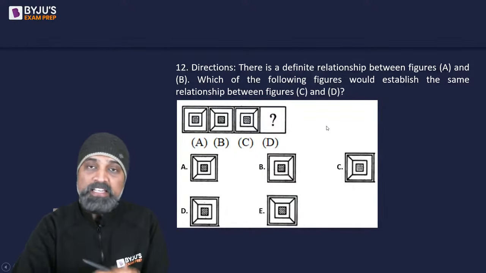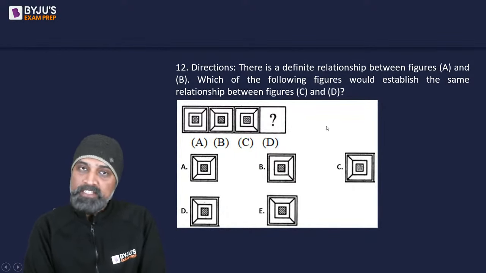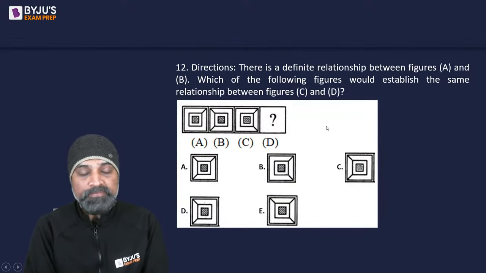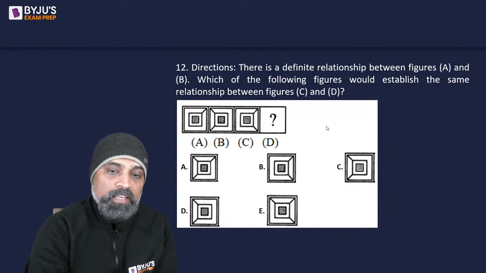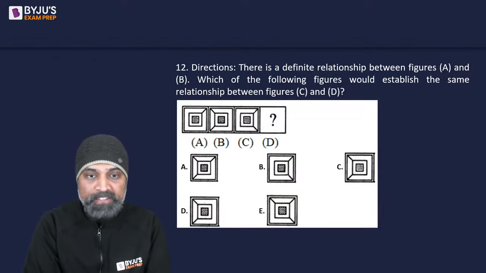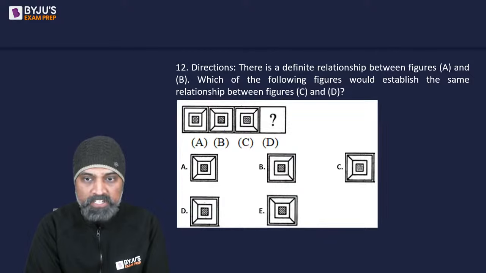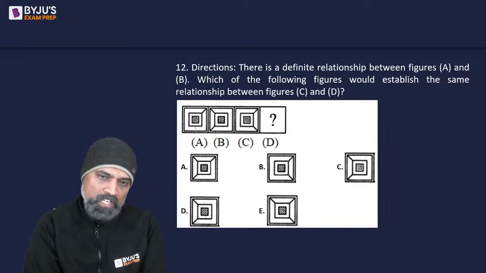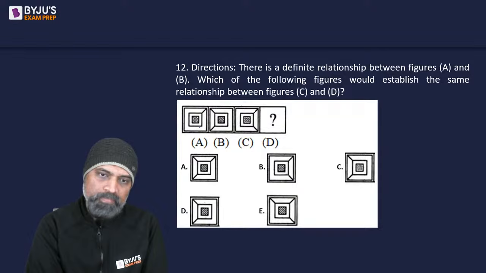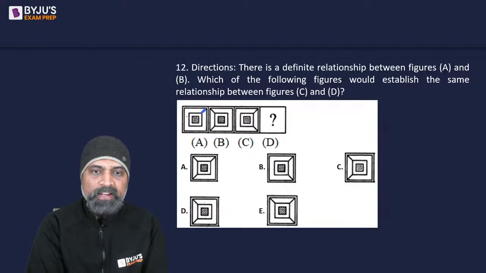Nice, nice. Similar question. A and B are related in some way. C and D should be related in the same way. If you look at figures A and B, the common portions are the shading that has been done. What has happened is we had a joint here, and now we have 2 joints after that.